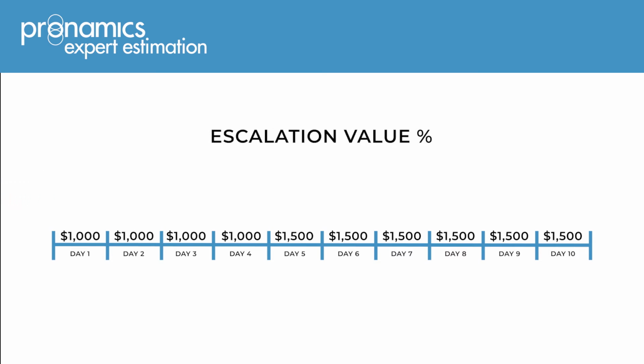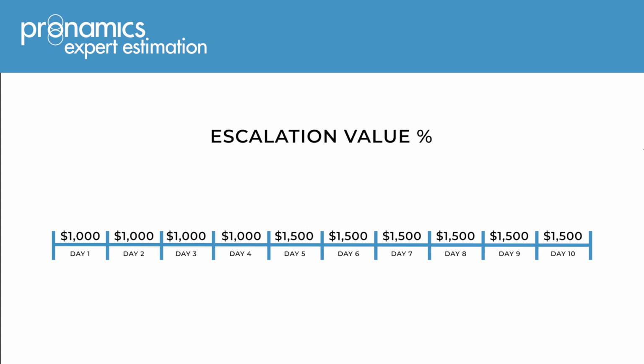The escalation value percentage is the percentage difference between the original value and the after escalation value. The escalation value percentage on day 5 is 50% because that is the increase from day 4 to day 5. On day 6, the escalation value percentage would be 0 because it has not changed from day 5.